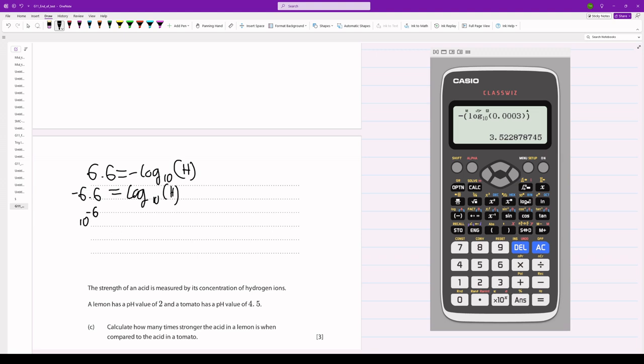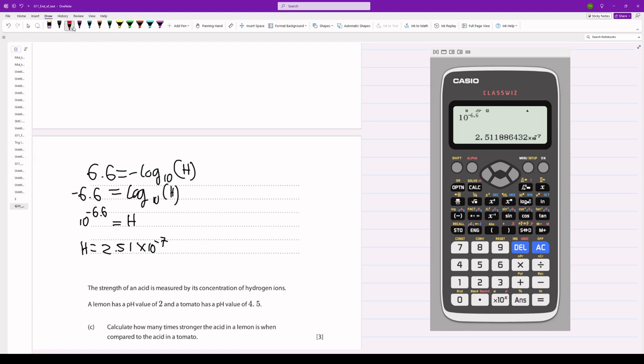So 10 to the power of negative 6.6 is equal to H, and that is a calculator job. So 10 to the power of negative 6.6 gives me 2.51 times 10 to the negative 7.